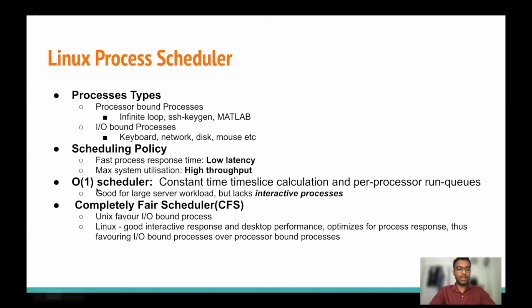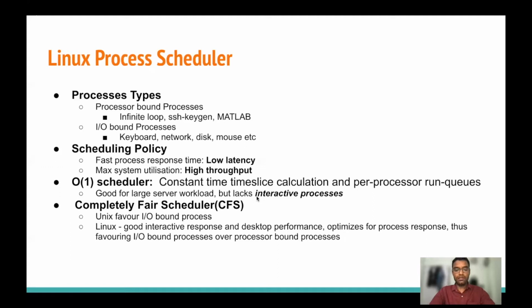In earlier days, Linux had a constant time scheduler. We call it the constant time scheduler because it can calculate the time slice and per processor run queues in constant time. The constant time scheduler was very good for processor bound processes, but it lacked performance on interactive processes.